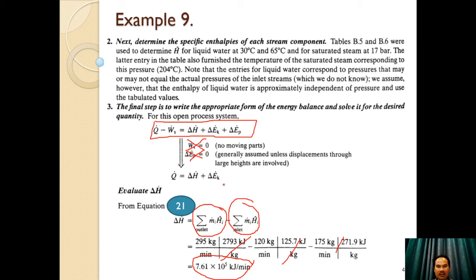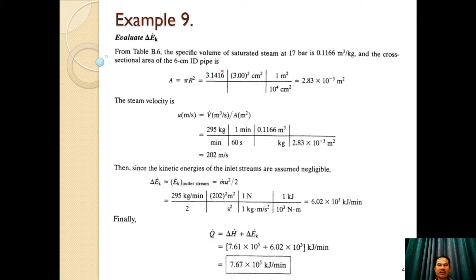And then you calculate EK. EK is equal to m u squared divided by 2, m is mass, u is velocity. The first step, you have to calculate velocity. For this case, you can calculate velocity by dividing the volumetric flow rate by area.